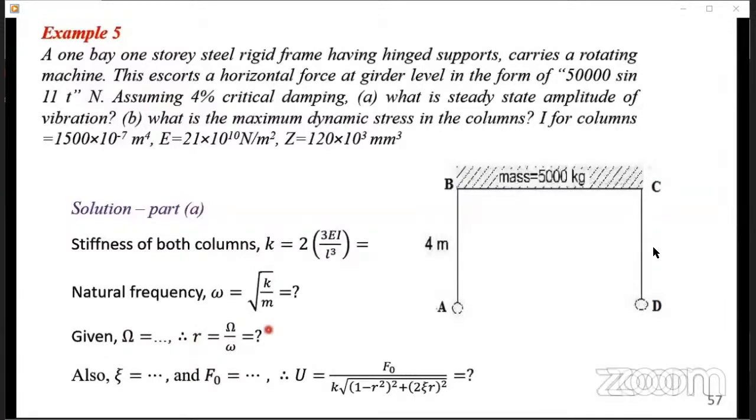Also, the damping ratio, xi, which is equal to C over C critical, is given in the question. I hope somebody can pinpoint that.